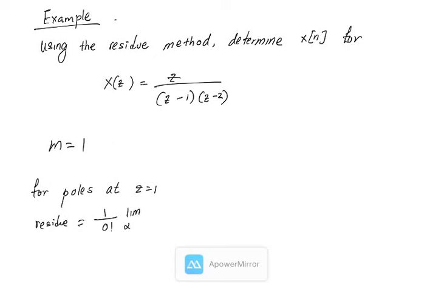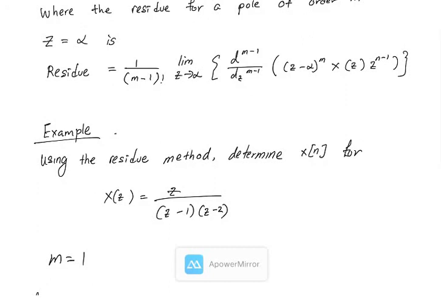The limit as z goes to 1 of d over dz to the power 0, because m minus 1 is 1 minus 1, which is 0. So z minus alpha refers to the pole at z equal to 1, so alpha equal to 1, and this is the X(z) value here.